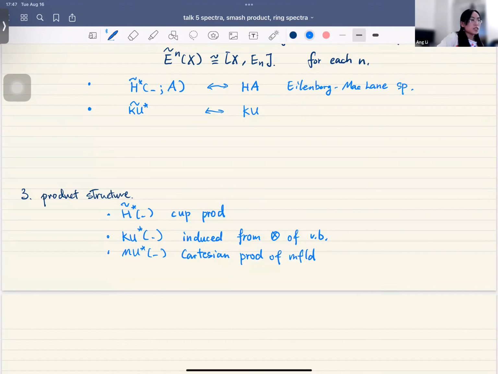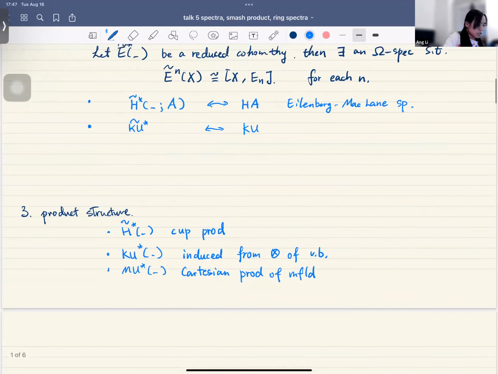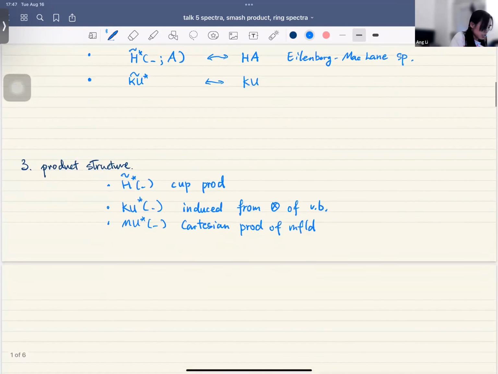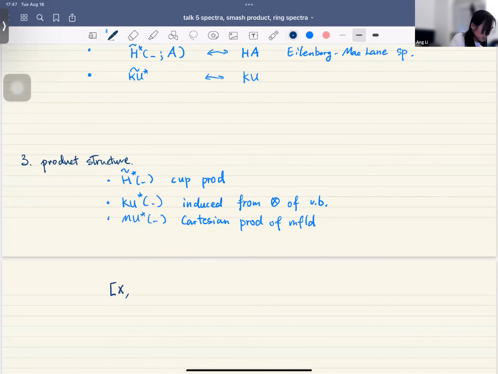Let me say one more word about the structure of the mapping space. Usually, the structure on the mapping space relies heavily on the target space, because you can just send it to the target and do multiplication there.